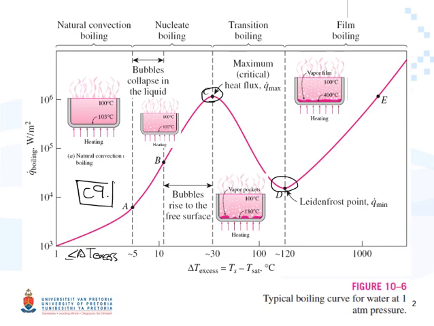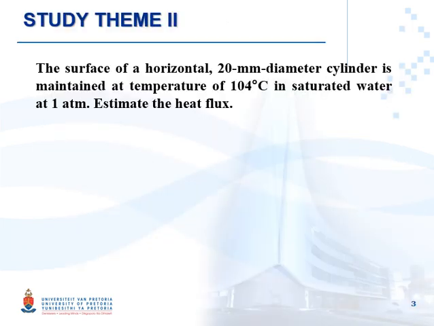Because we don't want to confuse you, let's solve one example and see what we are referring to when we say it is natural convection boiling, and go to chapter 9 and solve it. The example is here: the surface of a horizontal 20 millimeter diameter cylinder is maintained at a temperature of 104 degrees in saturated water at 1 atmosphere.